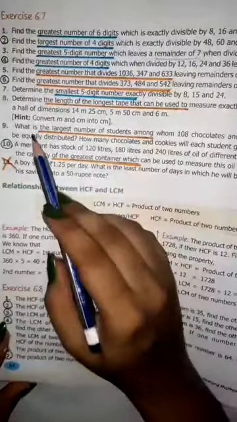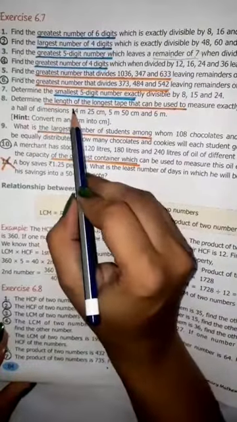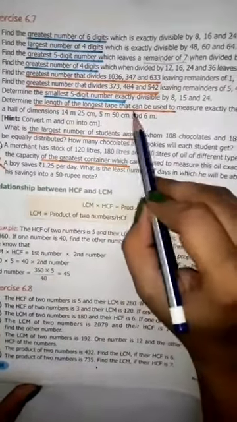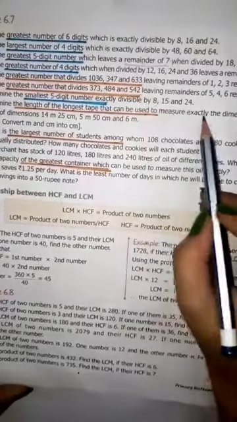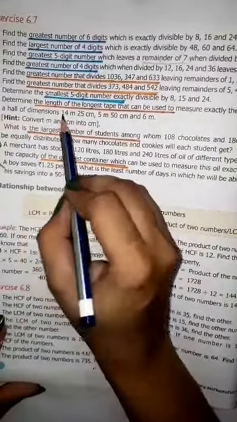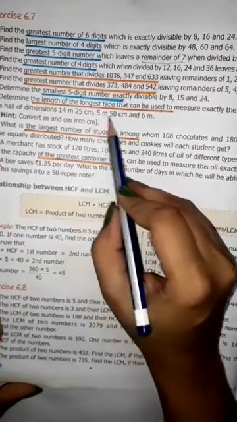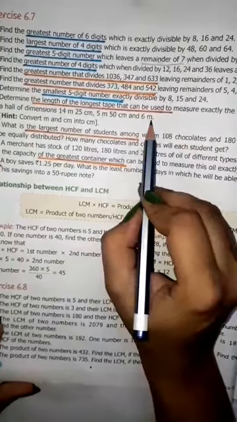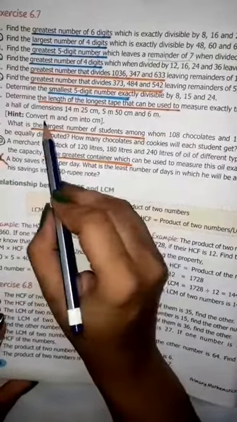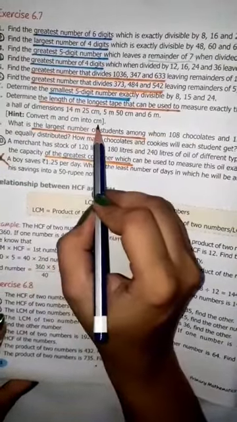Now children, see question number 8. Determine the length of the longest tape that can be used to measure exactly the dimensions of a hall of dimensions 14 meter 25 centimeter, 5 meter 50 centimeter and 6 meter. The hint is given, convert meter and centimeter into centimeter.